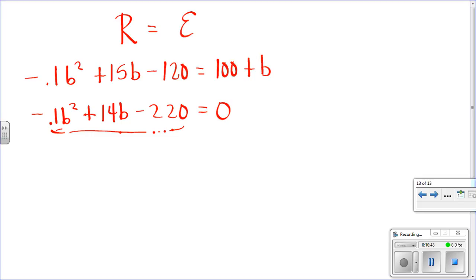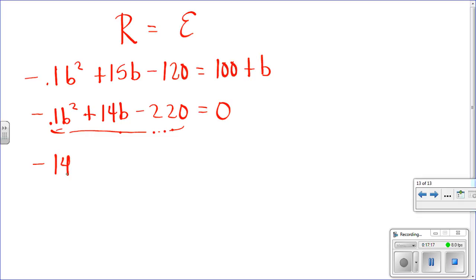So when does the profit equal 0? How can you solve this? How can you solve a quadratic? Quadratic formula. Yeah.